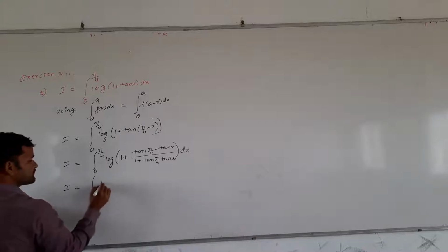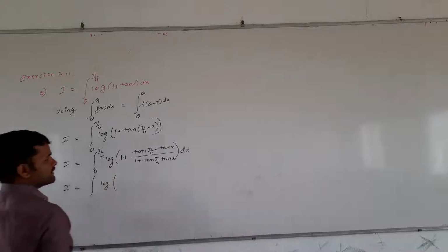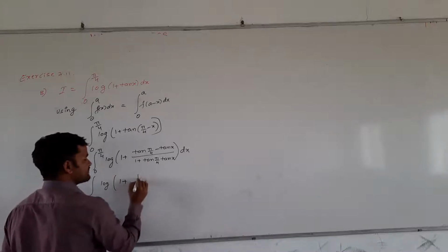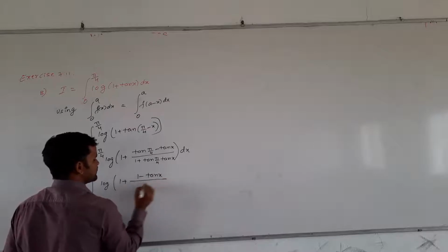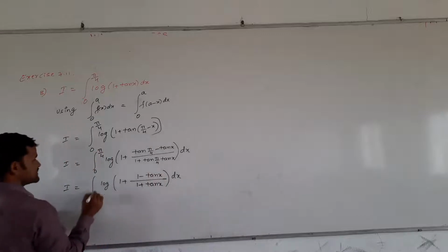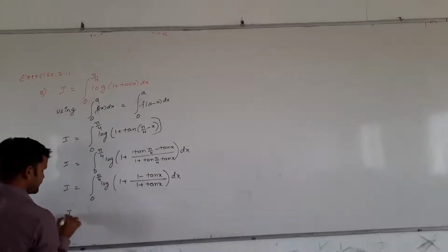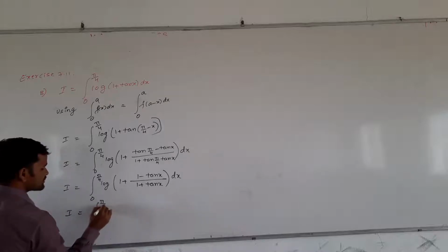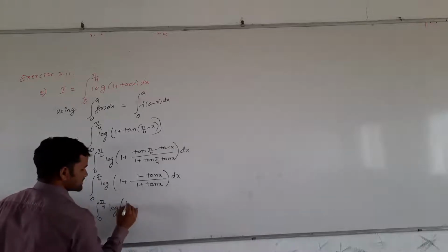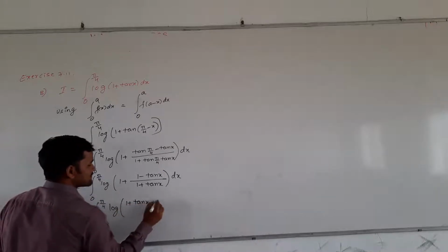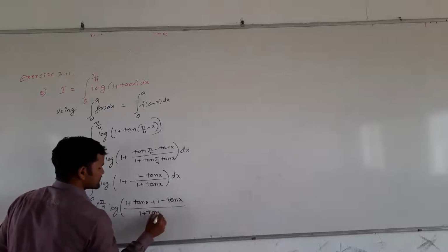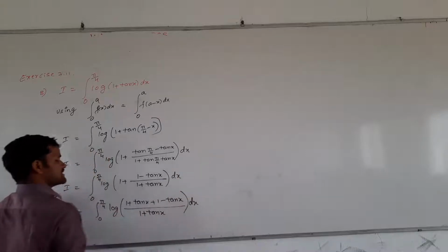I is equal to integration of log of 1 plus, tan pi by 4 is tan 45 degrees, its value is 1, so 1 minus tan x by 1 plus tan x, integrating with respect to x from 0 to pi by 4. Now we will cross multiply: this becomes 1 plus tan x plus 1 minus tan x divided by 1 plus tan x, whole integral with respect to x.